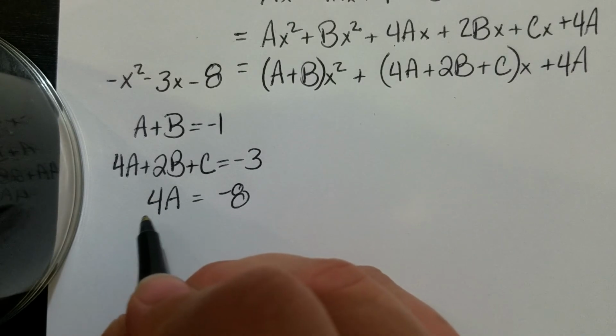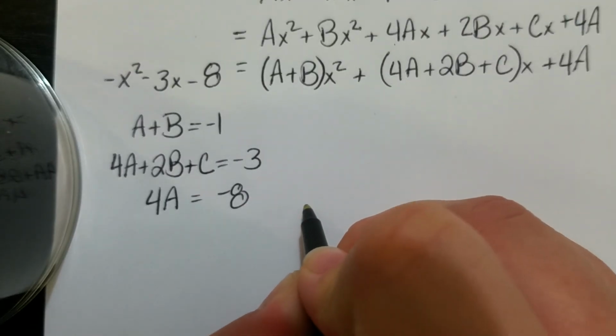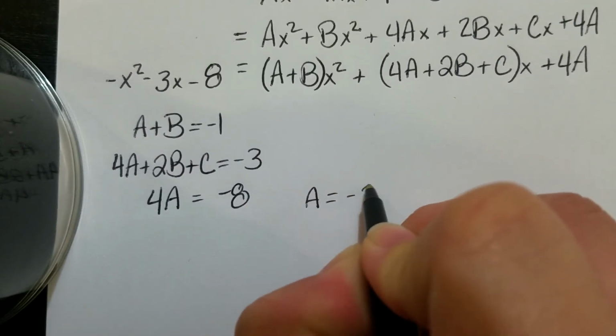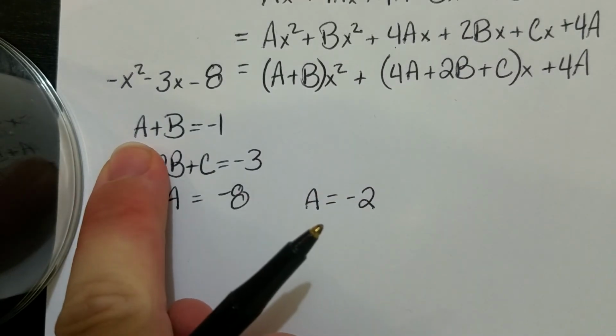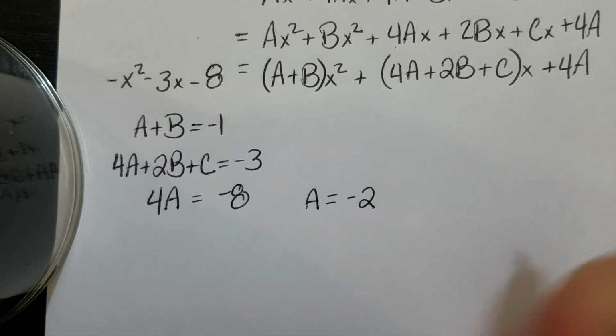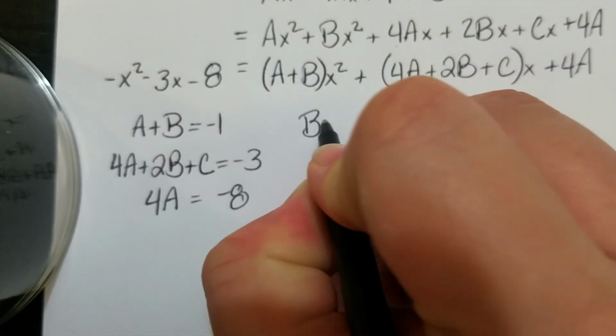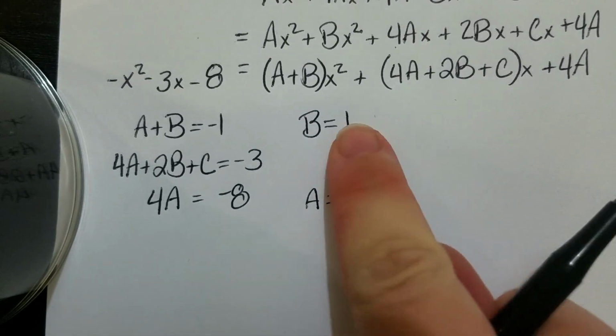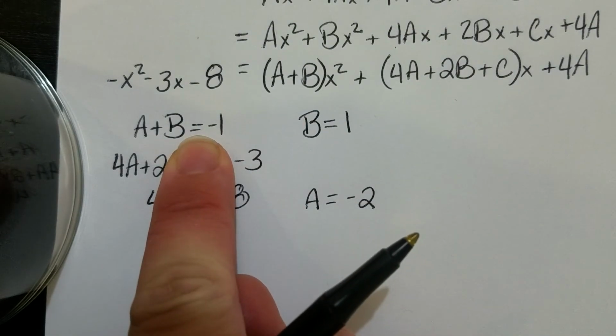So anyway, let's just divide by 4 here. So if I do that, I know that A equals -2. So if A equals -2, then B would have to equal 1, because -2 plus 1 would give me -1.